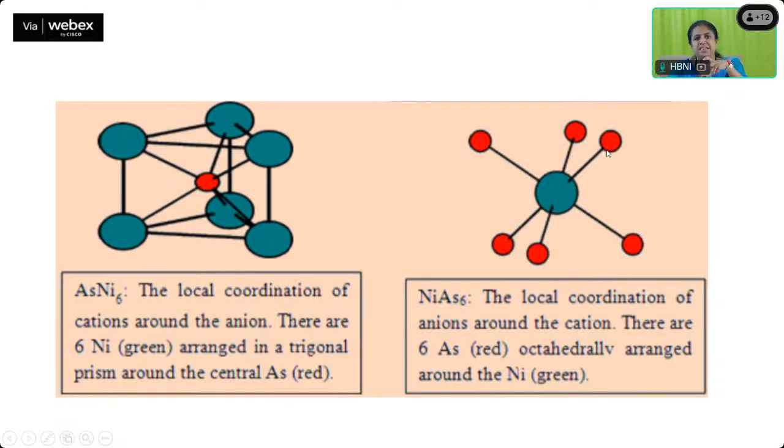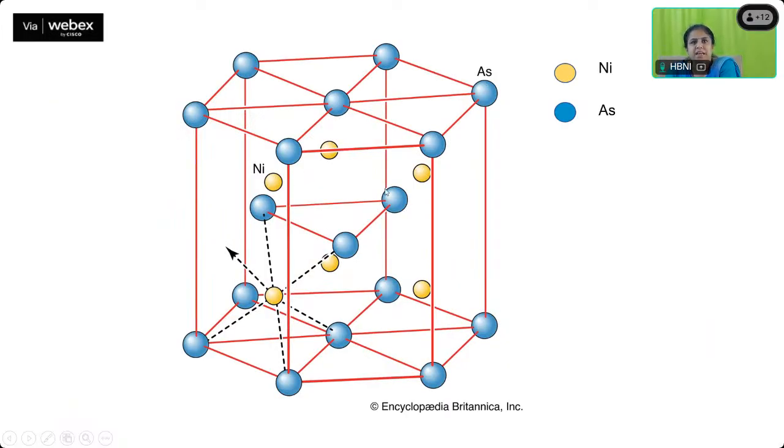So the arsenic are arranged as octahedra. That is, I showed you that octahedra can be represented by 2 triangles also. So 2 staggered triangles. But when you consider the coordination polyhedra of arsenic, still 6 nickel. The coordination number is still 6. But now rather than staggered triangles, they are arranged as eclipsed triangles. Here, these nickels are lying directly above each other.